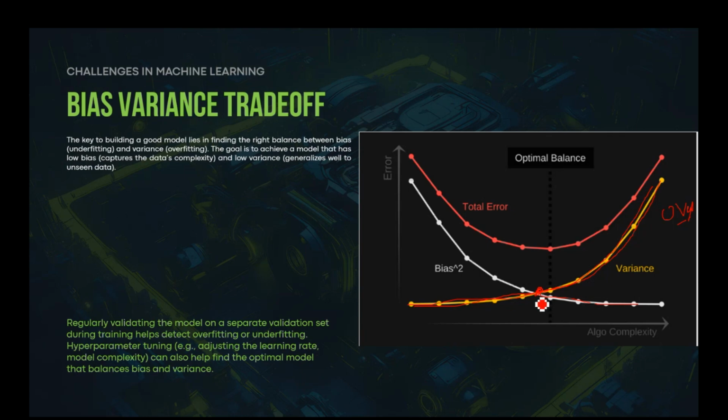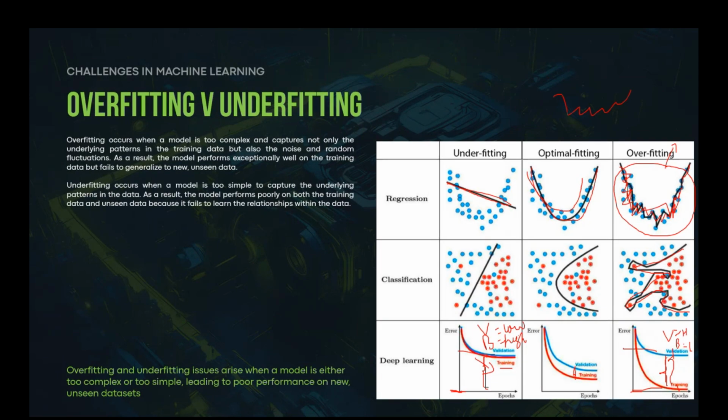Here we are purposely introducing error in the variance. If you go back to the previous graph, we want our training and test to be perfect, meaning what you get in training, you get the same in the test.